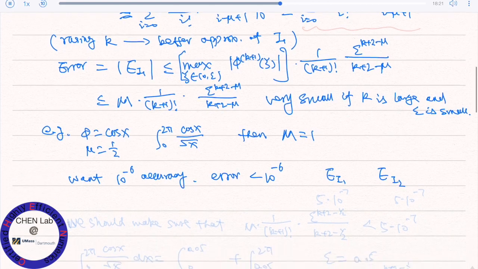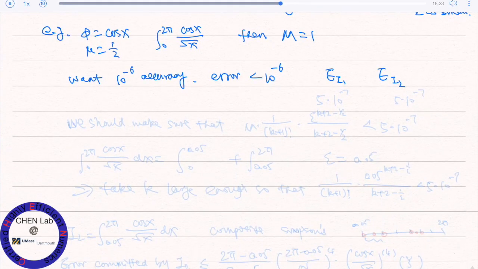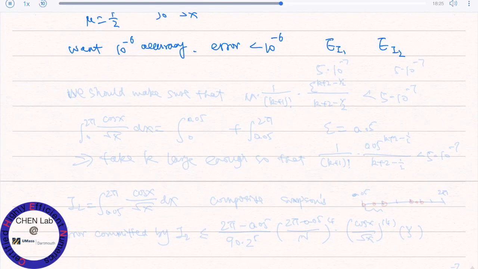To make sure the total error is less than 10 to the negative 6, you can distribute them in the way you want, but maybe one way to split them: I want each to have error 5 times 10 to the negative 7. They add up to 10 to the negative 6.